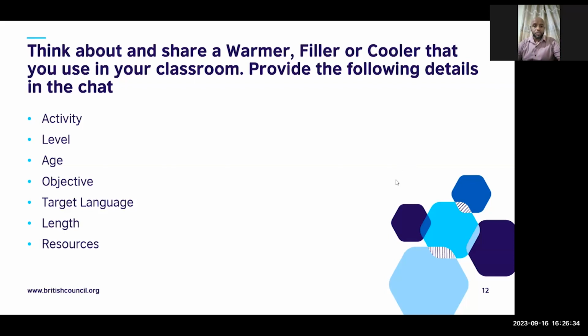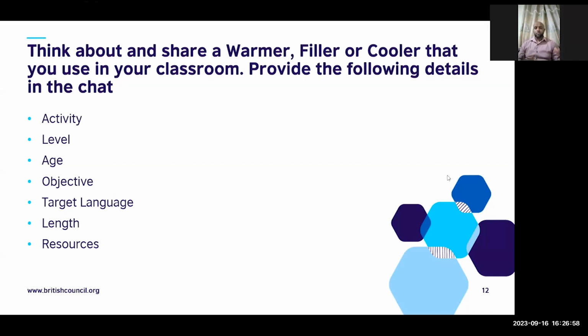And Karen also shared one cooler activity, Hangman. The activity's name is Hangman. It's just for the beginner level, from 6 to 12 years old. You can use this activity to practice the alphabet at the end of the lesson. Okay, 15 minutes. If it is a cooler and you have 15 minutes, that would work.